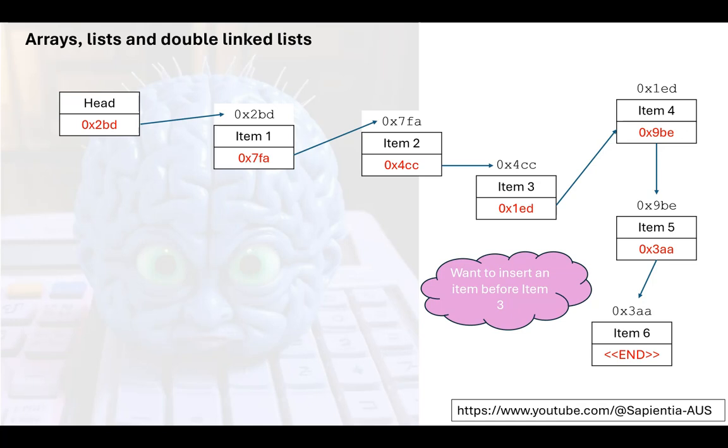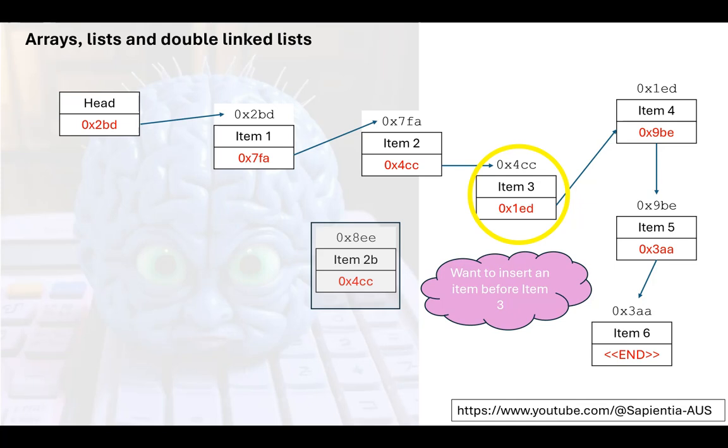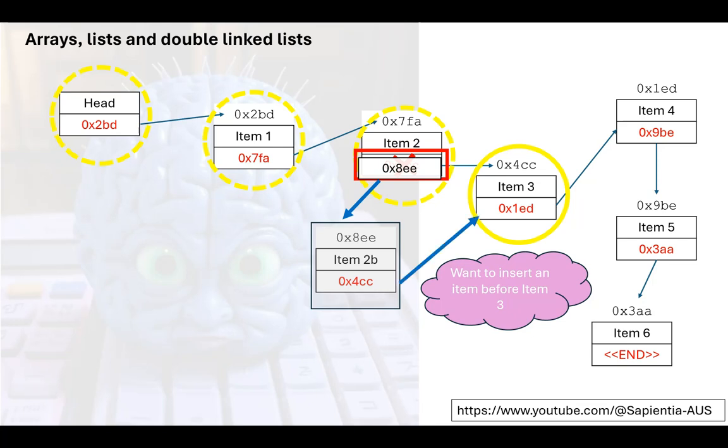Suppose I want to insert an item before my current item. I would have to go back to the start of my list and find the item that points to the item I am currently at. Then I would change the pointer of that item to point to item 2b, in this case the new item, and make sure item 2b points to the next item in the list.